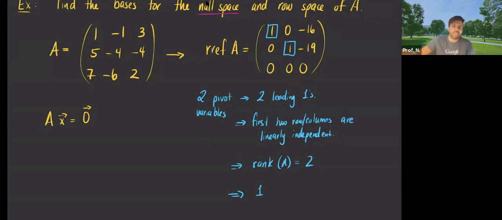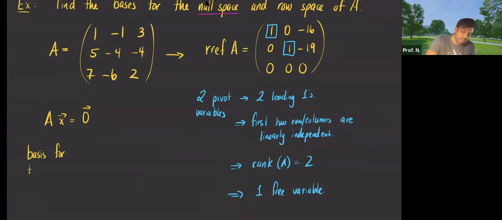First two rows and columns are linearly independent. Rank of A is 2. We have one free variable. So why are these things important? Because if I know that the first two rows are linearly independent, then what do I know about the basis? What's a basis for the row space of A?